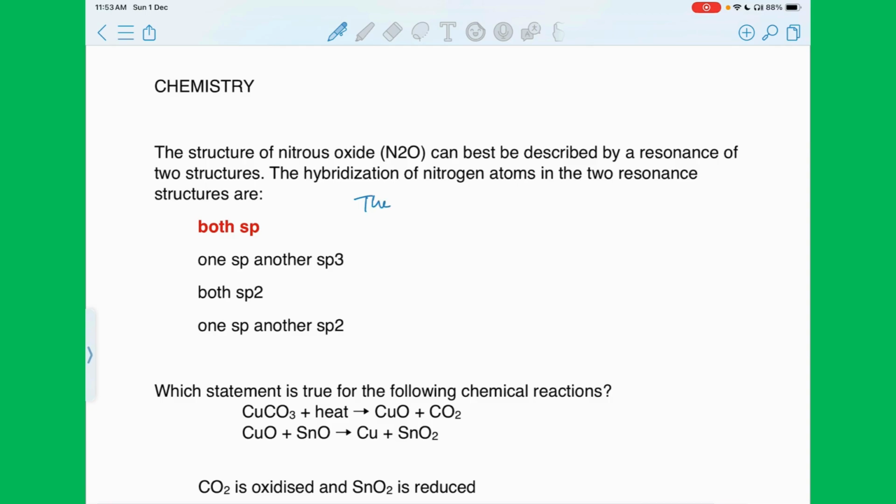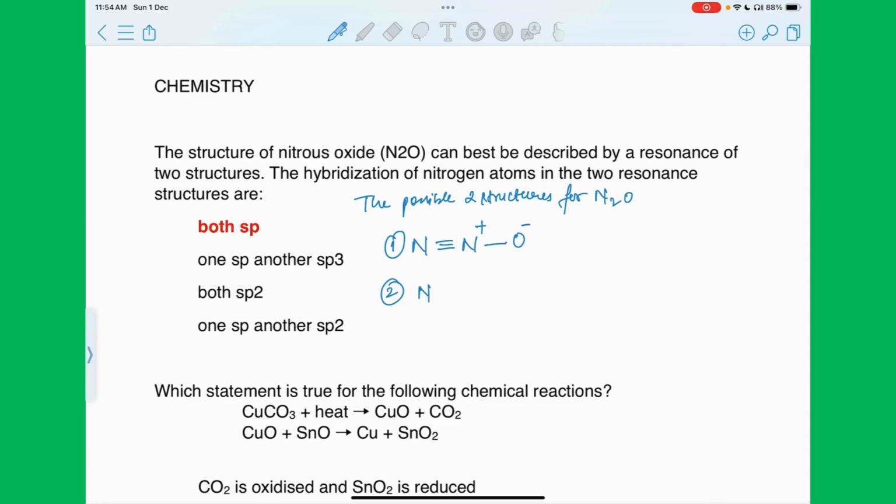The possible two structures for N2O nitrous oxide can be firstly N triple bond N single bond O with nitrogen with partial positive and oxygen with partial negative charge.